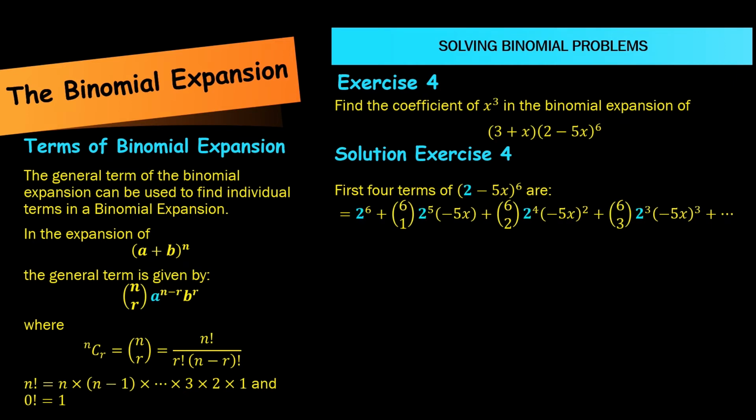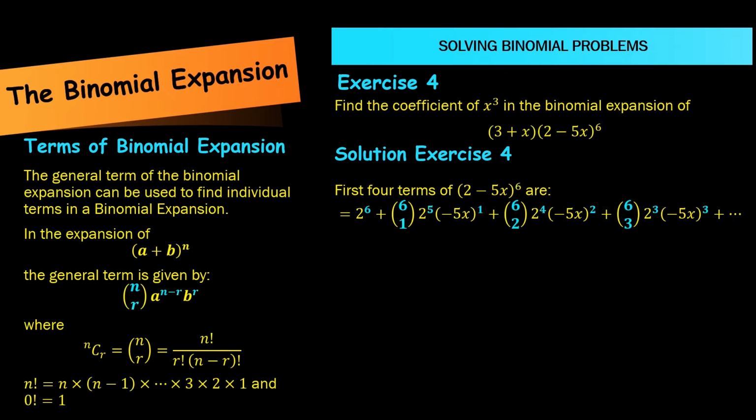We have a equals 2 here. We've simply plugged this in into the general term of the formula. And b equals minus 5x here. Again, we've simply plugged in. N equals 6 here.